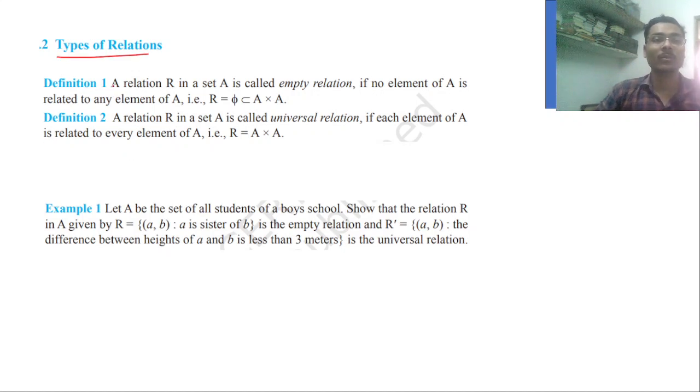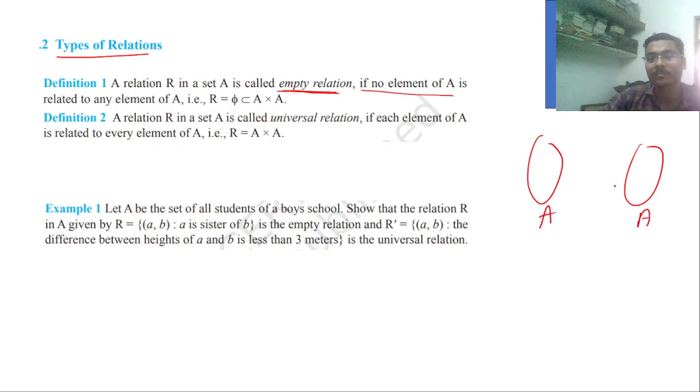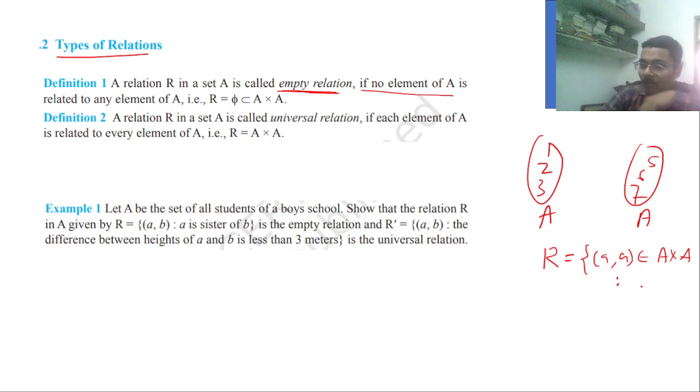The first type is the empty relation. A relation R in set A is called an empty relation if no element of A is related to any element of A. So if I take set A and set A with some elements, and I give a relation that (a, b) belongs to A cross A such that b is equal to a square, you will find nobody having this perfect square. Squaring 1 gives 1 but it is not present here.